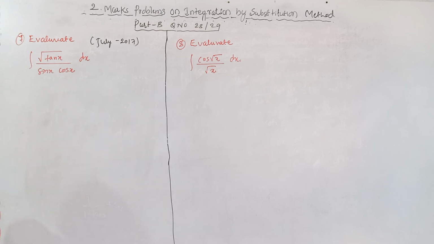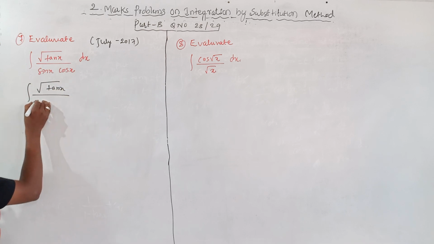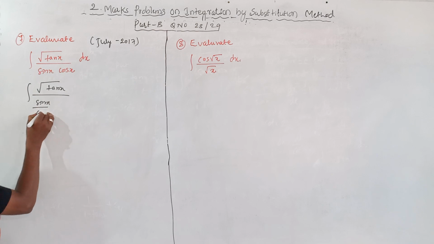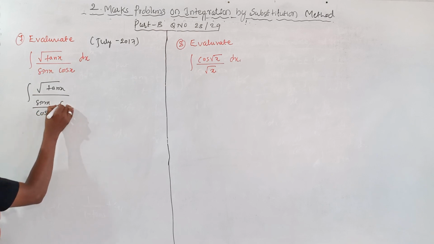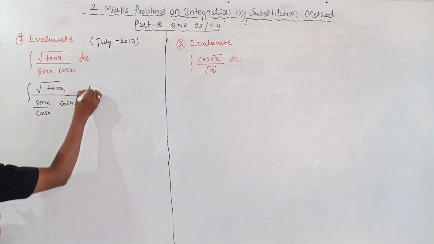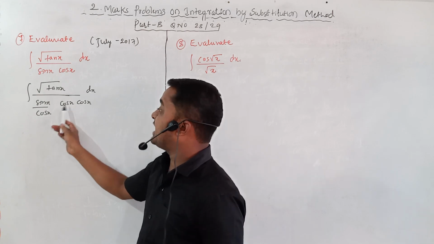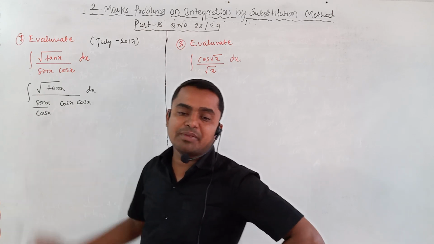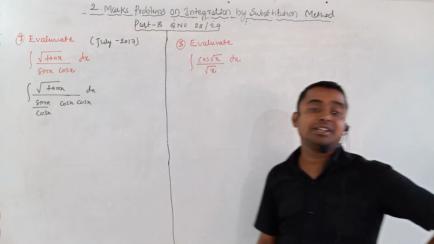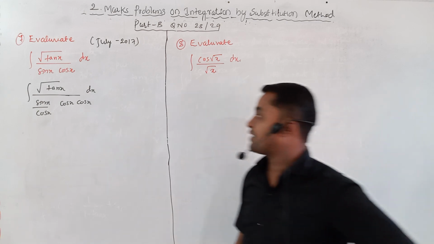So to solve this one, root tan x divided by sin x by cos x into cos x into cos x dx. What I did here: divide and multiply by cos in the denominator.